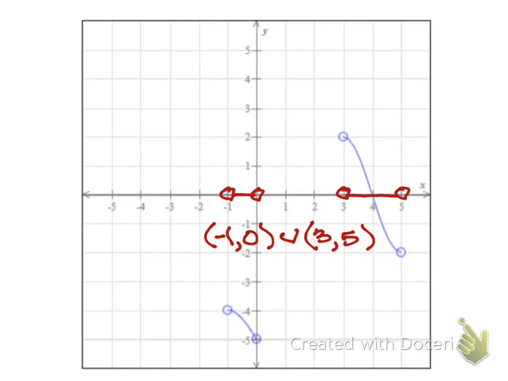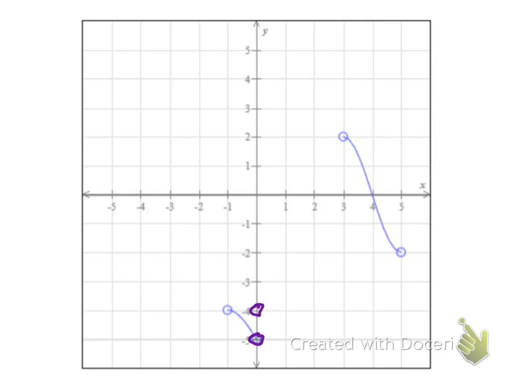Next, let's look at range. For the range, we're looking at the y values. So we have an open circle at -5 and an open circle at -4, and they're connected. And then following our other graph on the right, we would have an open circle at -2 and an open circle at 2, and all those pieces in between.